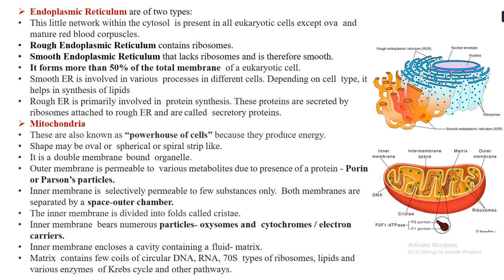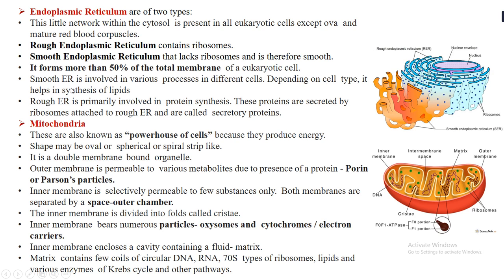Other than these two, all the eukaryotic cells contain both the rough and the smooth endoplasmic reticulum. Rough endoplasmic reticulum forms 50% of the total membrane of the eukaryotic cell.